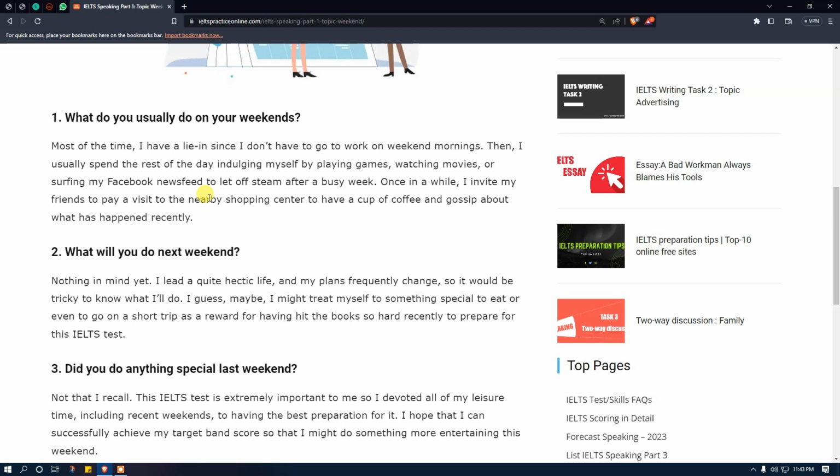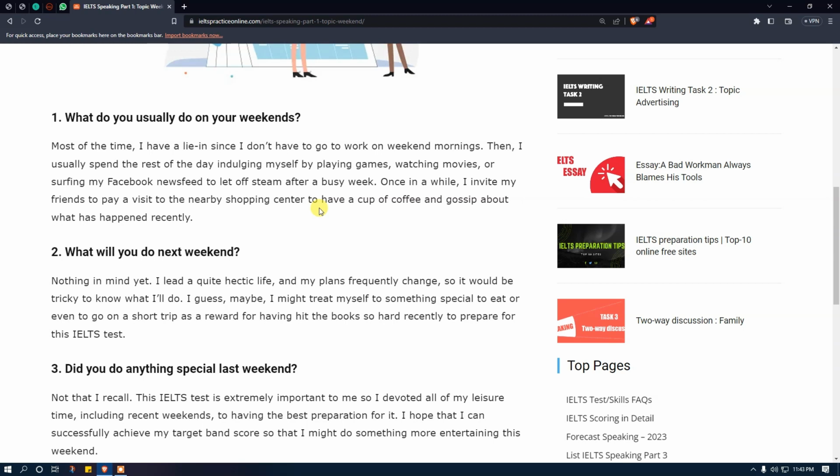What do you usually do on your weekends? There is the answer: Most of the time I have a lie-in, since I don't have to go to work on weekend mornings. Then I usually spend the rest of the day indulging myself by playing games, watching movies, or surfing my Facebook news feed to let off steam after a busy week.